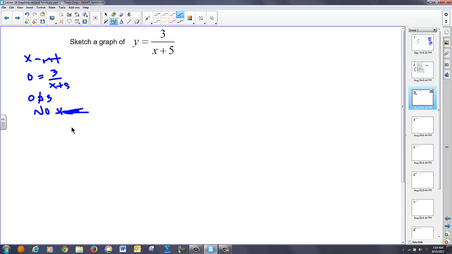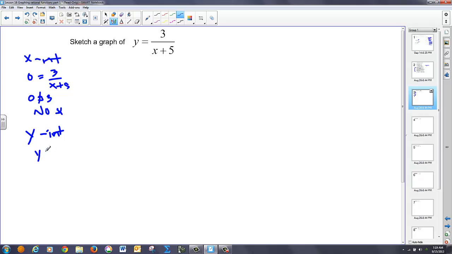All right. And then we're going to find our y-intercept next. So to find my y-intercept, I'm going to set x equal to 0.